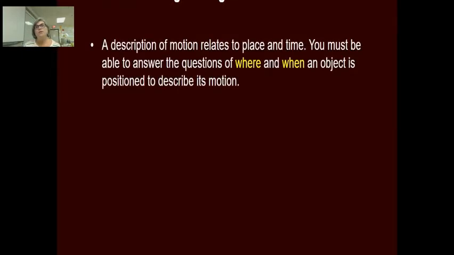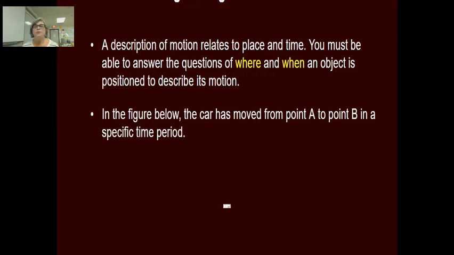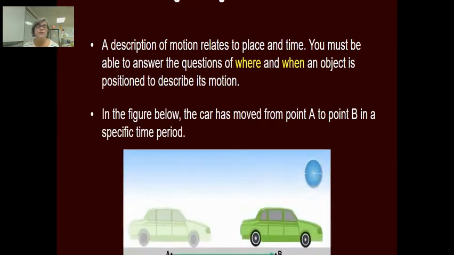All right, so the two key words when we're looking at motion are where and when. Can you place an object in a particular position at a particular time? We can do that with a motion diagram. And this is an example of a motion diagram.